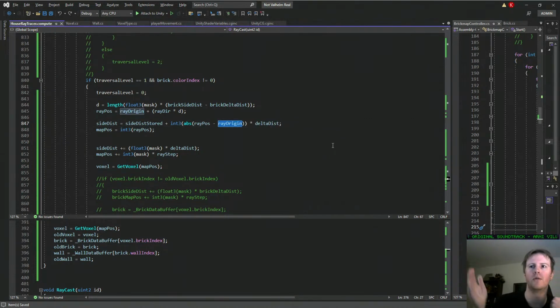Because if the ray position is the new position, then we take that and subtract it by that to get how far we've traveled, right? This is just a... I don't know, dude.